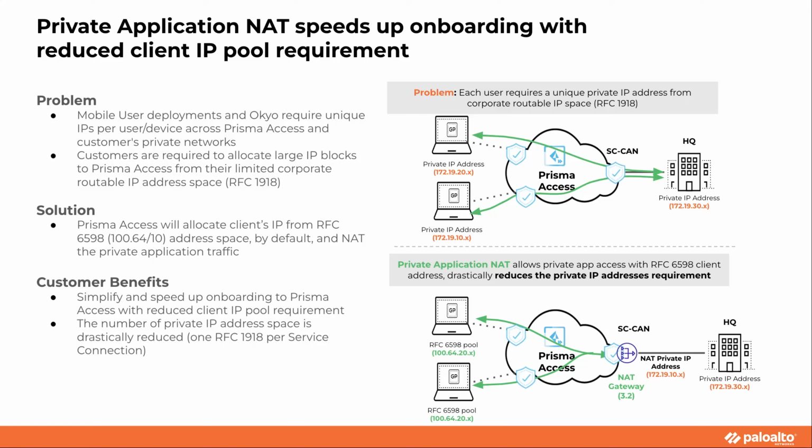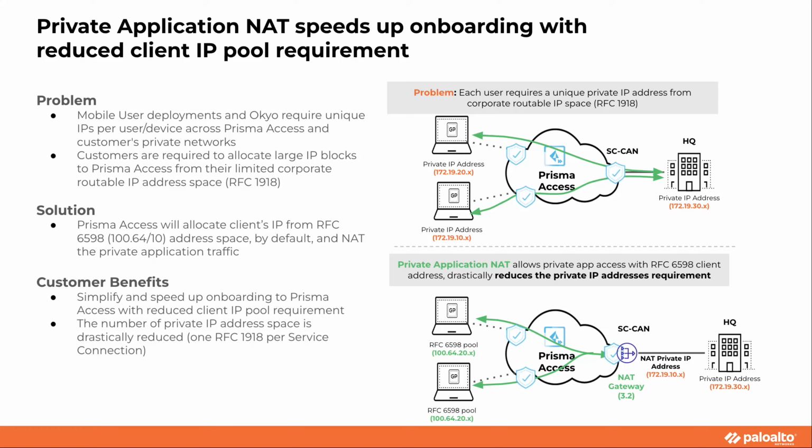We're drastically reducing the private IP address space needed, because now instead of providing an IP space for every user, you're doing it for every service connection tunnel. So that's the benefit of private application NAT. Those are two innovations that I wanted to talk about as part of our Prisma SASE initiative.